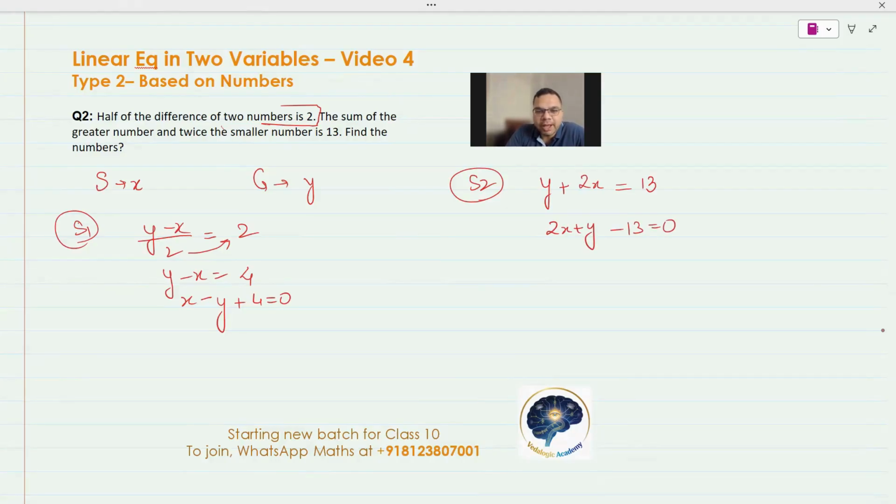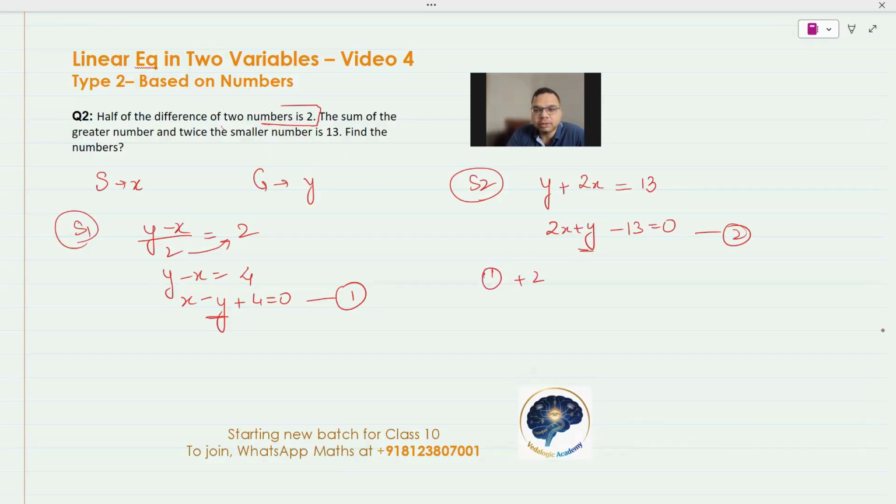Now, if you see here, I have x minus y and I have 2x plus y. So I'll say this is equation 1 and this is equation 2. What I'm going to do is add both of them because I see minus y in the first equation and plus y in the second equation. If I add both of them, y will get cancelled. I'll have the equation only in x.